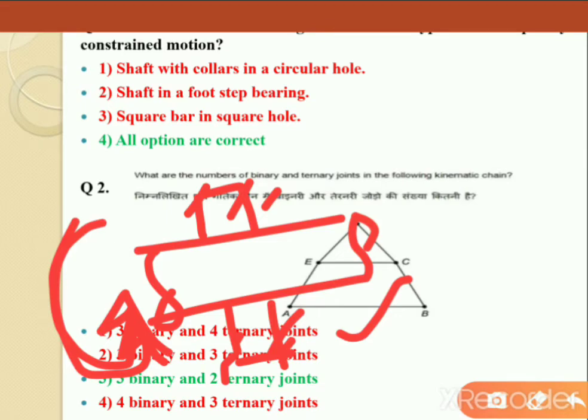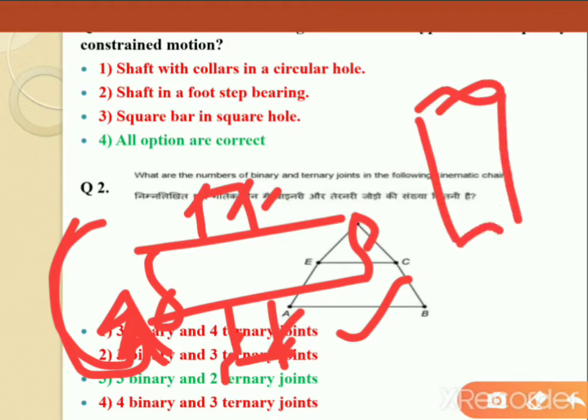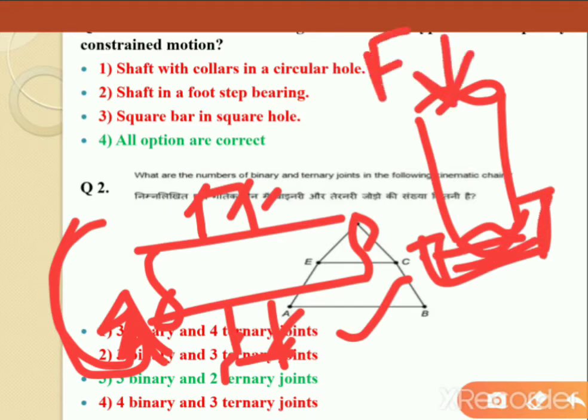Then shaft in footstep bearing. Suppose it's the shaft and a footstep bearing, and force F is applied. Here also we can get a unidirectional motion only, so option 2 is also correct.